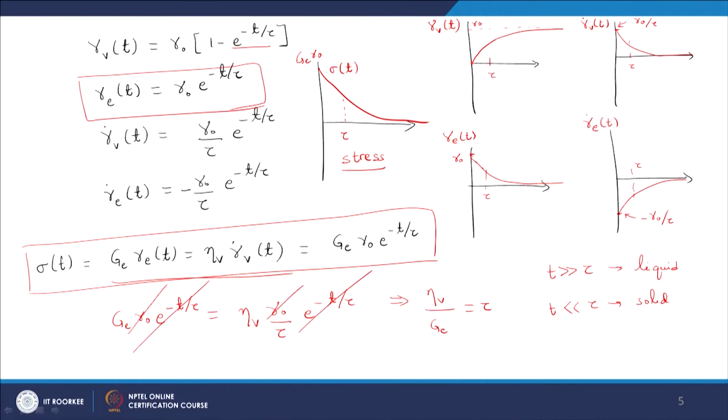Eventually, when it becomes a liquid, that stress has dropped down to pretty much 0. If I look at the shear or extension of the viscous element at time t equal to 0, it starts from 0 by the assumption we showed earlier, and then it starts increasing, but the rate of increase is decreasing with time and eventually it settles to a final value.